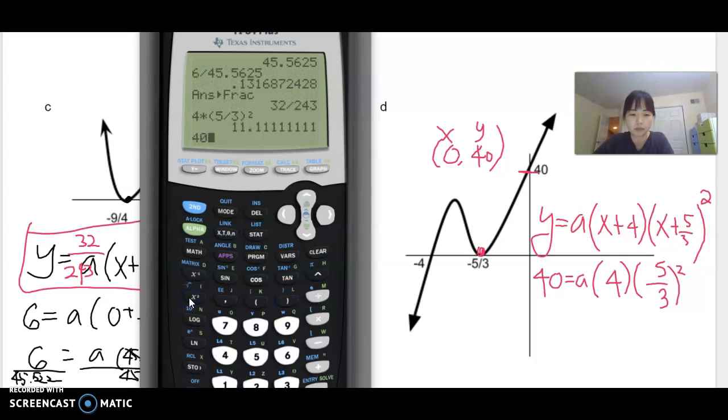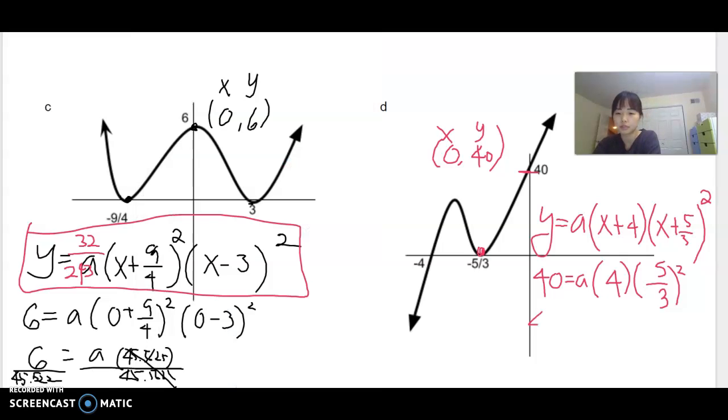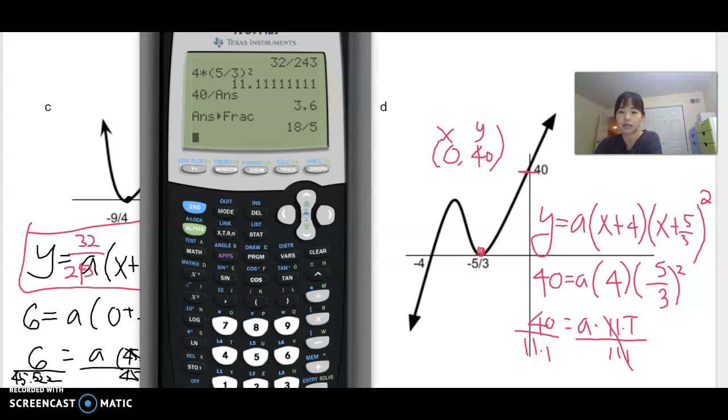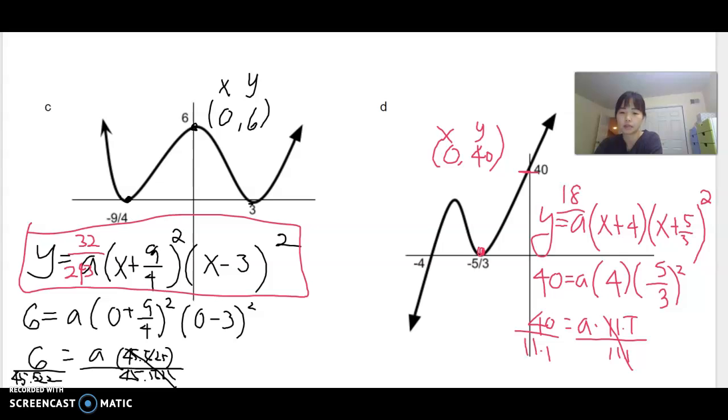Now I'm going to do 40 divided by that answer we just got. 3.6, 18 over 5 would be nice. So 40 equals a times 11.11111, right? Then you just have to divide it by that. That's how we got the a value as 18 over 5. Okay, that's my a, 18 over 5. Cool?